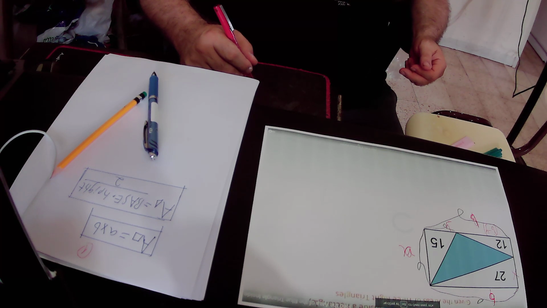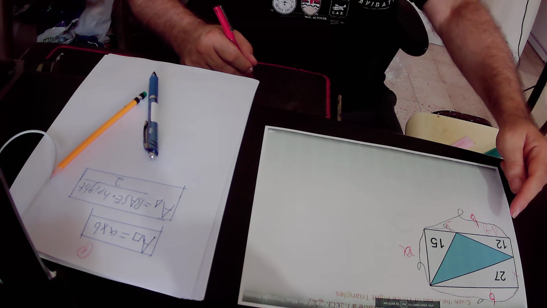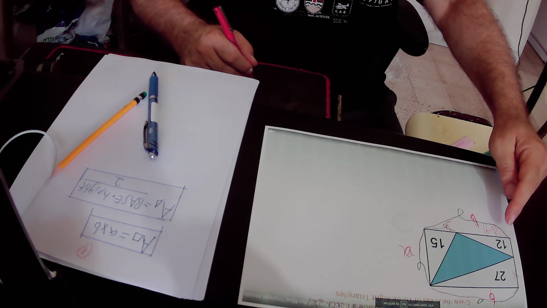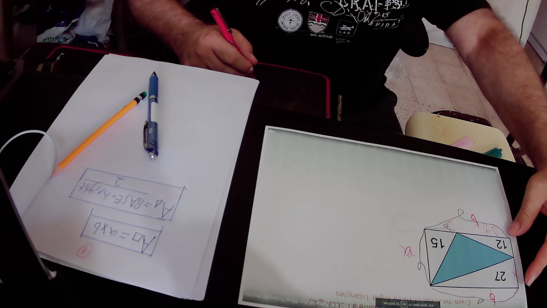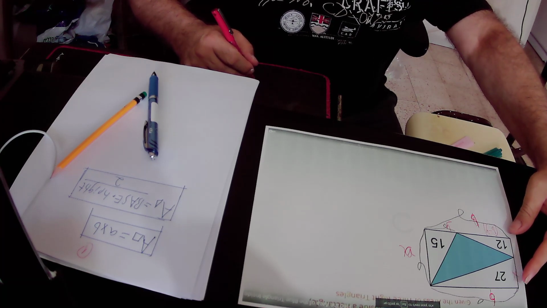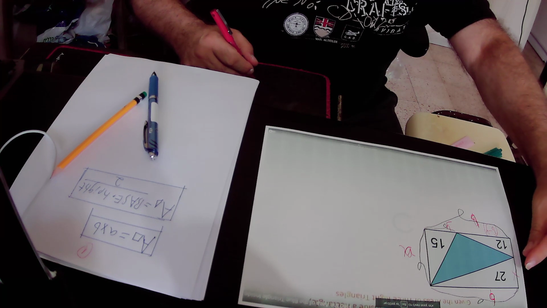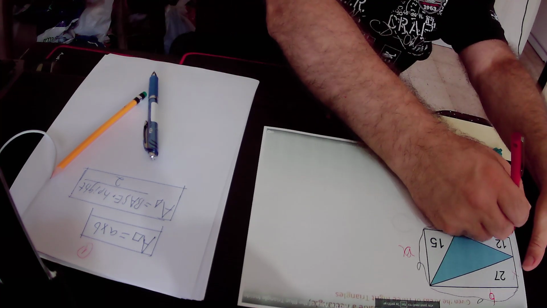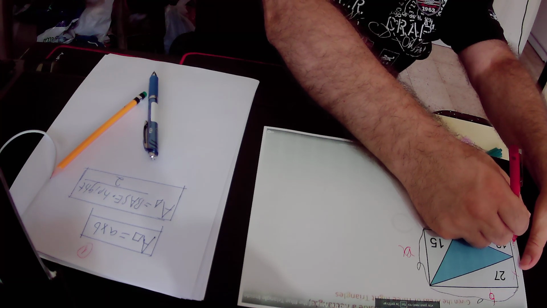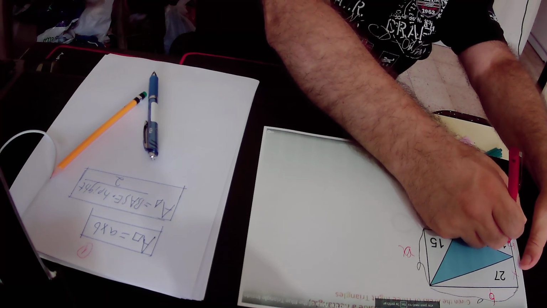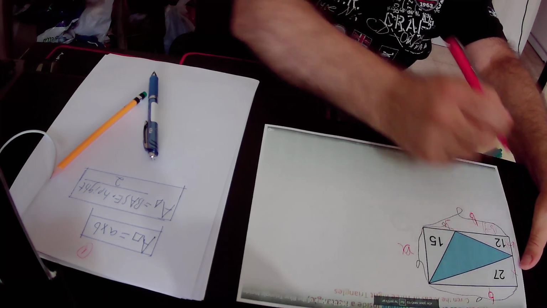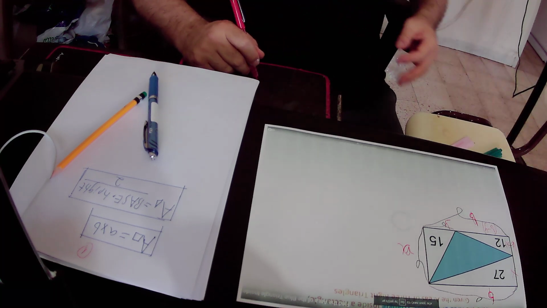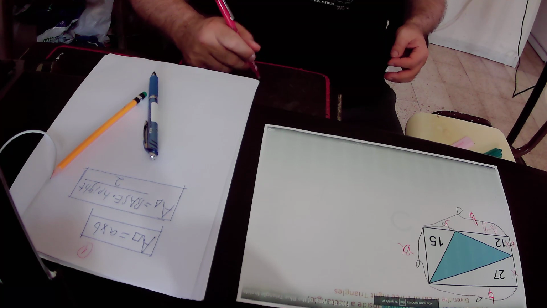Therefore, the height of the triangle whose area is 12 units will be the width of the rectangle, that is a, minus the height of this triangle, that is x. So it is a minus x.